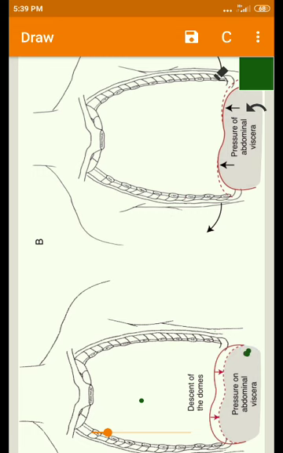We know that the central tendon gives the diaphragm its dome shape. So once this IAP, that is the intra-abdominal pressure, increases, it acts as a stabilizer for the descending central tendon. After reaching this stage, then what happens?